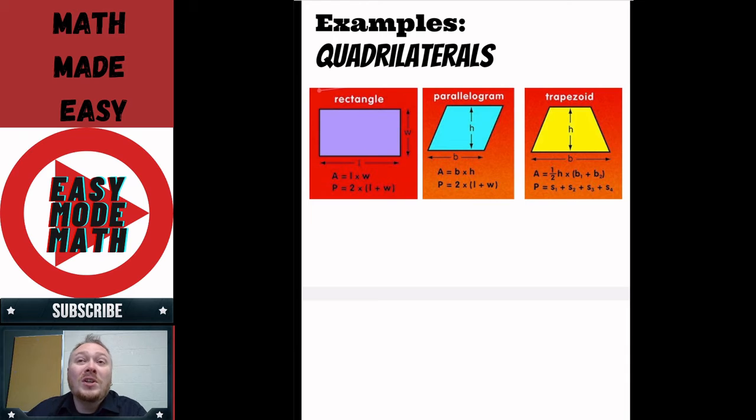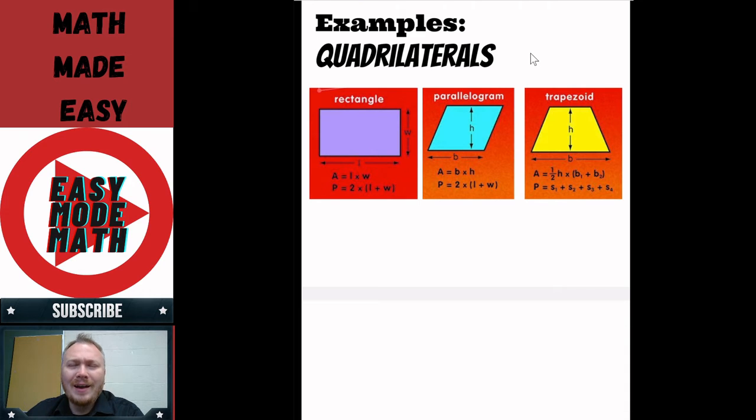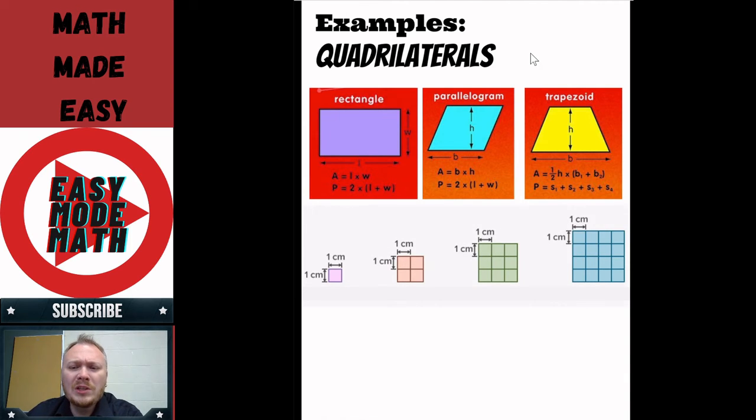Okay, so let's take a look at the first example for quadrilaterals, and we're going to take a look at a couple different ways to break this down here. Let me get myself situated. So if we take a look at a breakdown of how area works, we would be looking at almost like little 1x1 squares that we can break down each shape into.